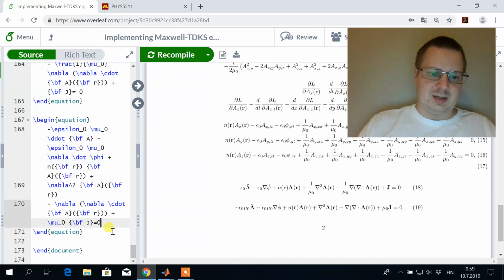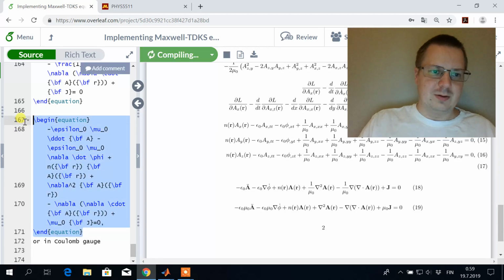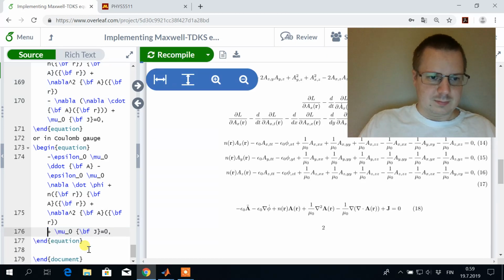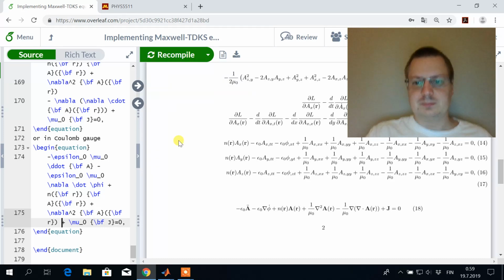So in Coulomb gauge, we just remove the whole term. Like so.